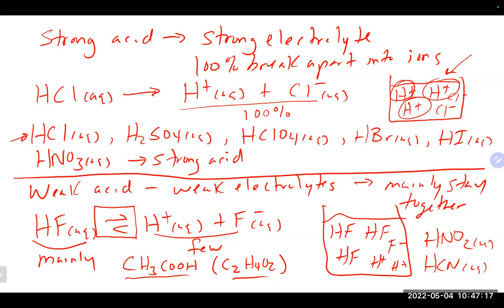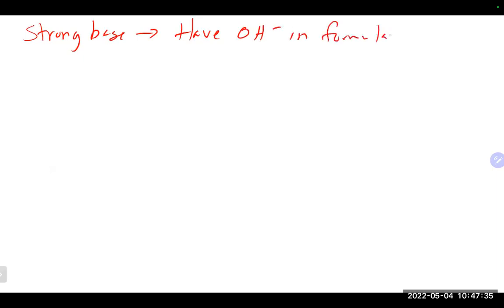Now, in terms of bases, also there's strong bases, obviously, and weak bases. In terms of strong bases, for the most part, the strong bases will have hydroxide in the formula, and usually be members of group 1 and 2 on the periodic table.